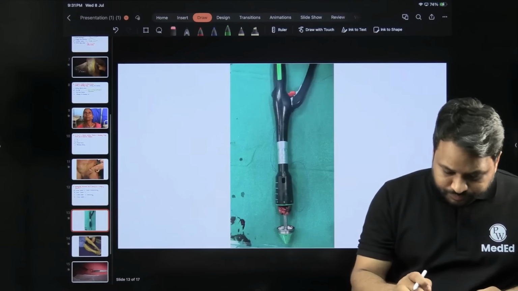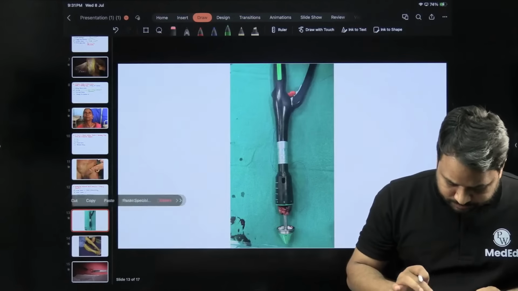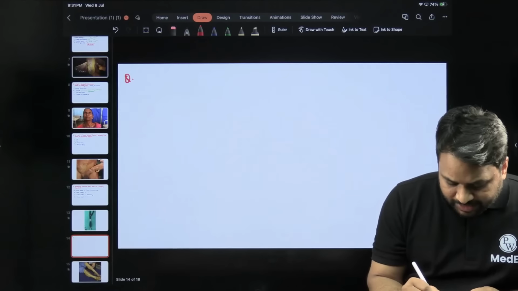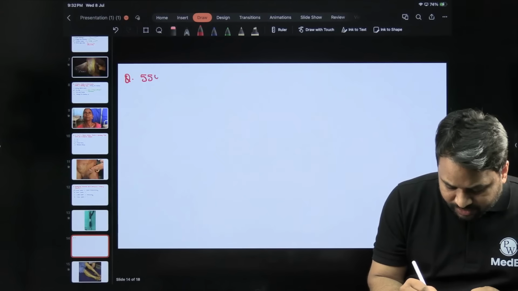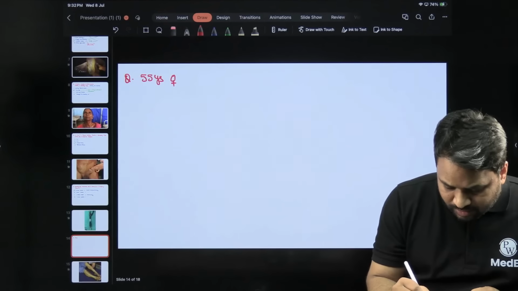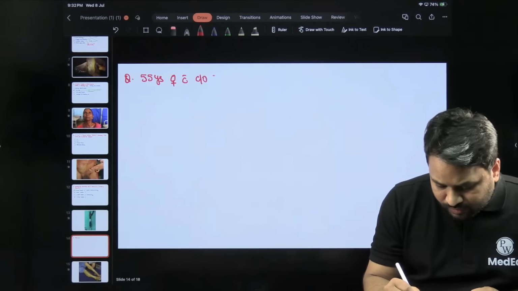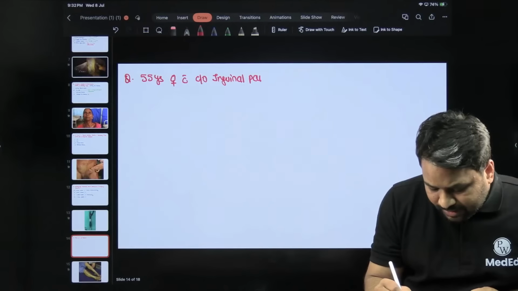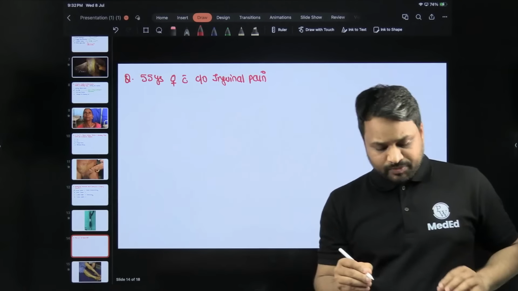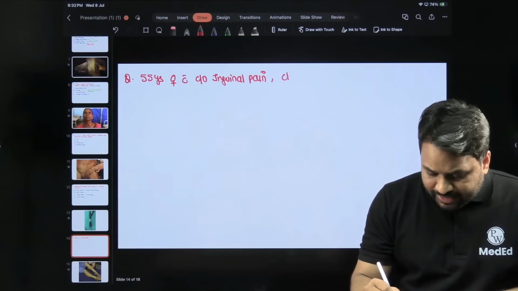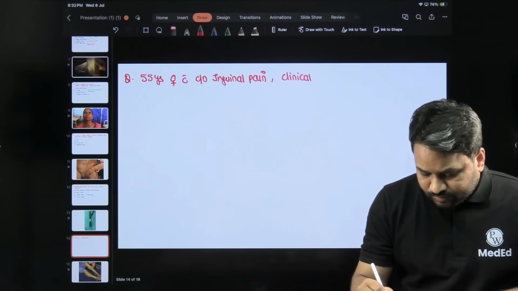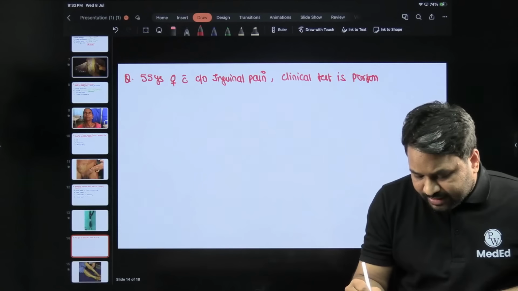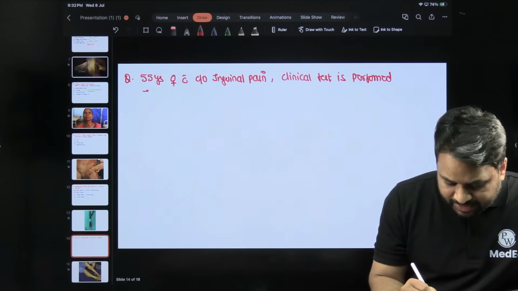Now, let's go with another question. In this question, I have a 55-year-old female with complaints of inguinal pain. Nothing else, right? A clinical test is performed. The question is, identify the test.